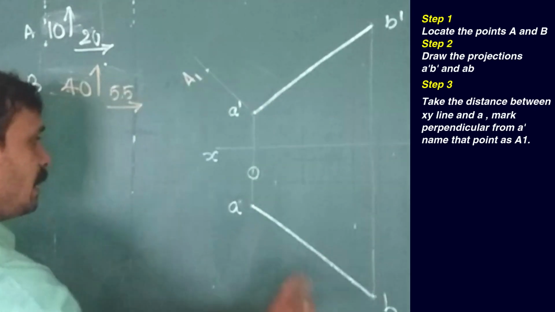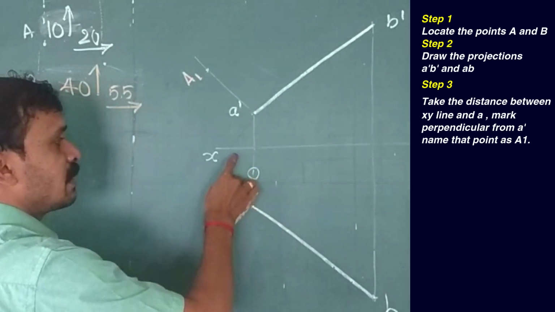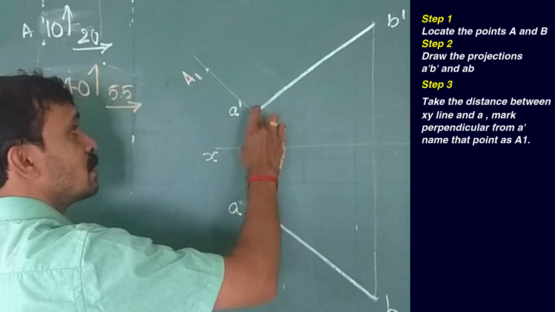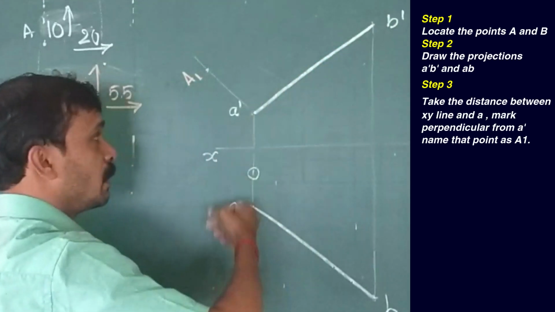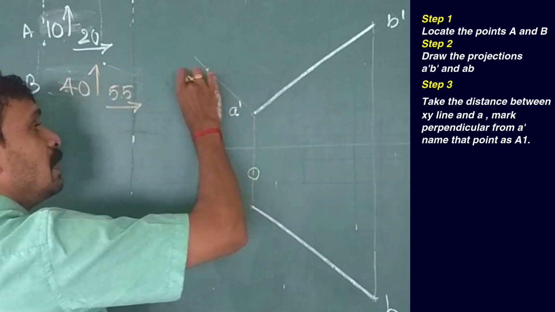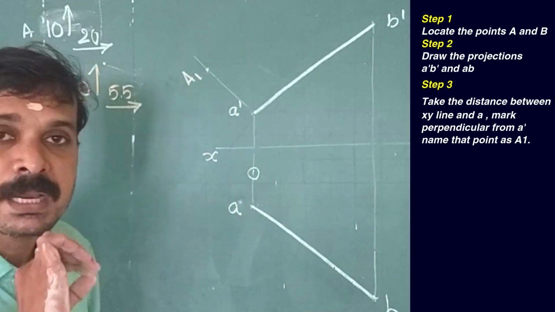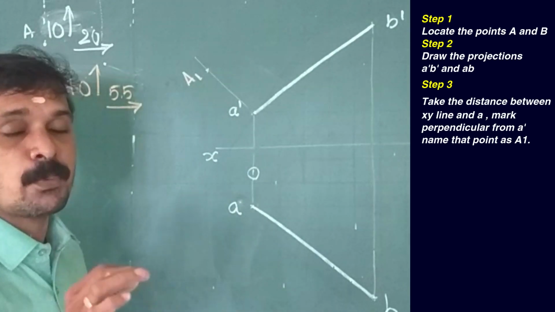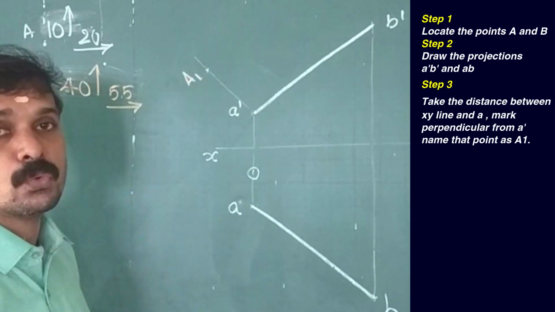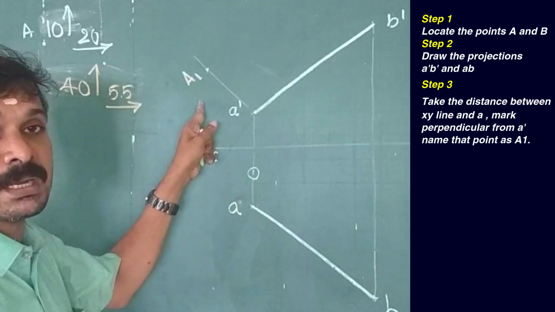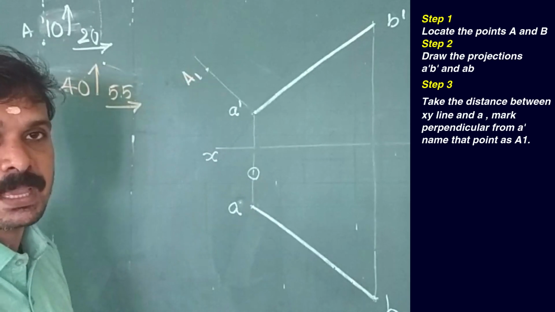The rule is to take the distance between XY and A, draw a perpendicular through A dash to A dash B dash, and on that perpendicular measure this value and name that point A1. That will be the starting point of the true length AB.